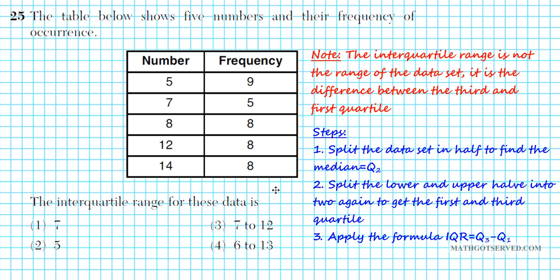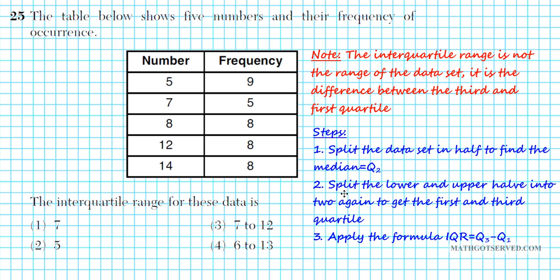Now, one thing you want to note is that the interquartile range is not the range of the data set. The interquartile range is the difference between the third and the first quartile. These are the steps we're going to use for this problem solving process. First of all, we're going to split the data set in half to find the median. The median divides the whole data set into upper and lower halves.